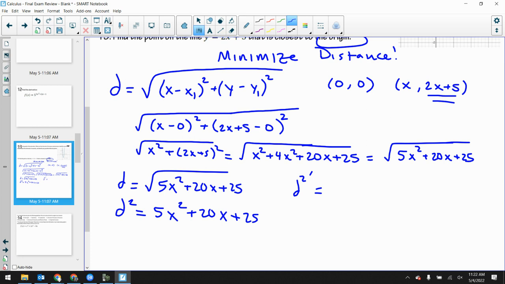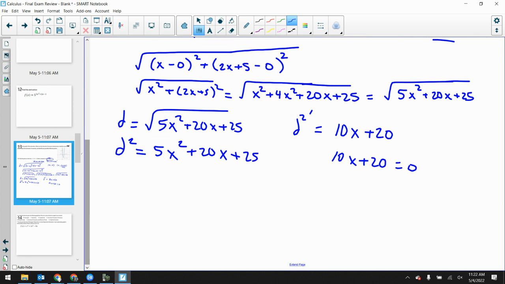Minimizing the squared distance is minimizing the regular distance, so it doesn't matter. So 10x plus 20 is the derivative. And I can set that equal to 0 because finding the zeros of the derivative is where the maximum and minimum points could occur. So subtract 20, divide by 10, x is negative 2.